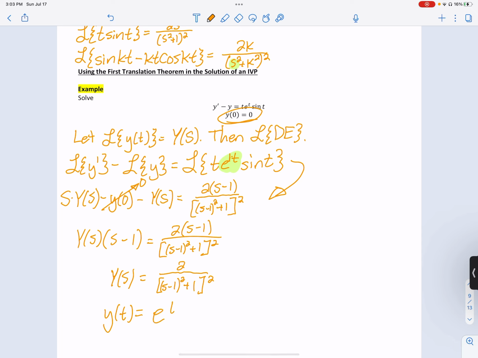So I get an e to the 1t because it's at s minus 1. So this thing here manifests that. Then I get what was there, sine of t minus t cosine of t. All right, so the s minus 1 manifests that e, and the same thing here. This gave us the s minus 1. Okay, hopefully that's okay. That's how you solve an IVP.